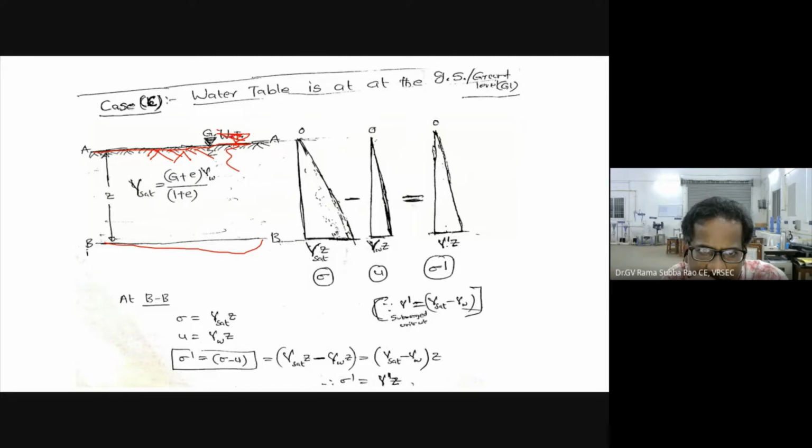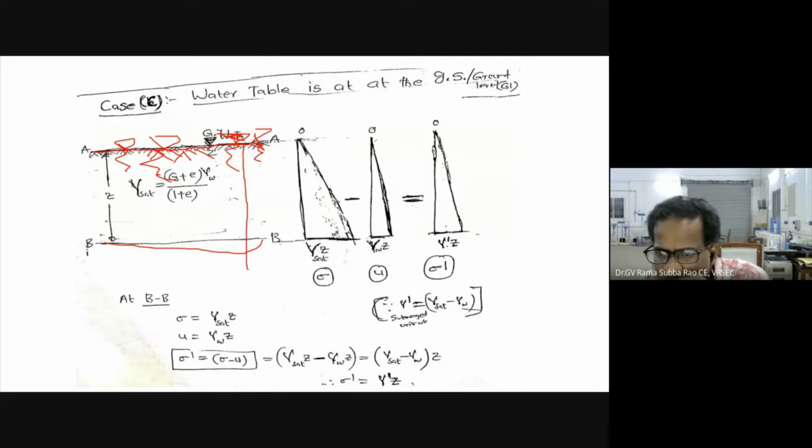This is the symbol of groundwater table. As the water table rises and touches the ground surface, the water table is at ground level. How to compute effective stress whenever water table is at ground level?